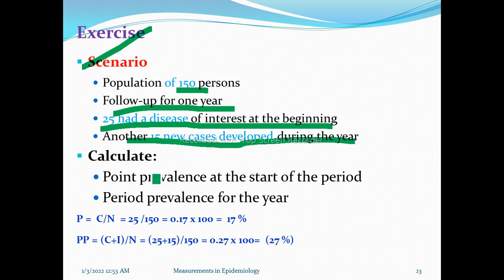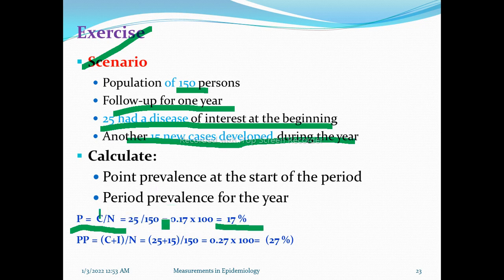So calculate the point prevalence and period prevalence. Point prevalence is equal to cases over population. The point prevalence means cases at the beginning. So in the beginning there are 25 individuals who have the disease. The total population is 150, so 25 over 150 is 0.17, or 17%, the point prevalence.